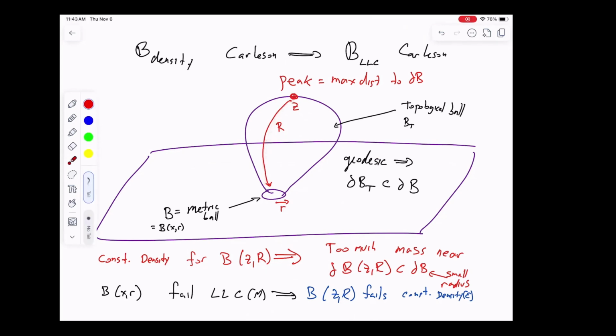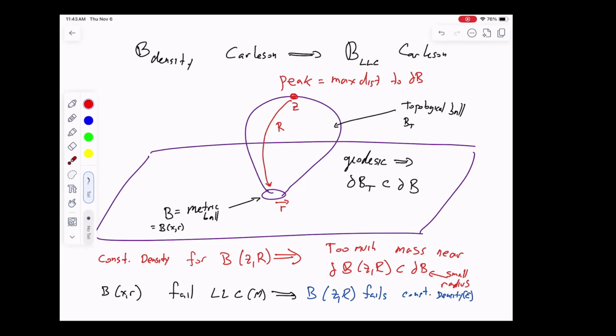Think of that radius as the distance to the original ball. This bubble is what you need to do in order to compress this metric ball. I call it the topological ball because I think of it as the bubble.